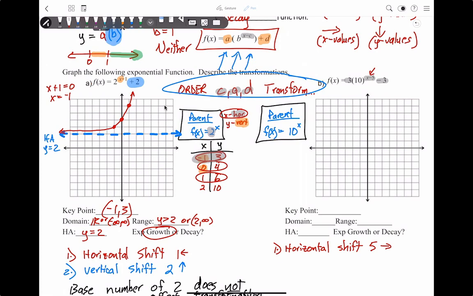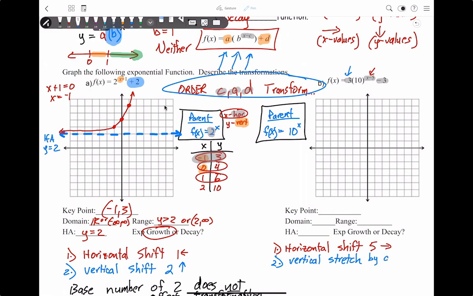And then we're going to go down to the a value, which is that positive 3, and this is multiplication. So this is vertical because it's not with the x, it's downstairs with the y, and it's going to be a stretch because that 3 is bigger than 1. There's a lot of spiraling of former content that we need to remember.